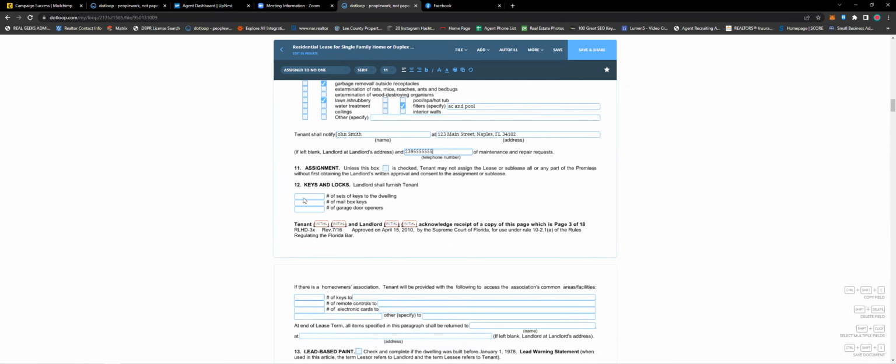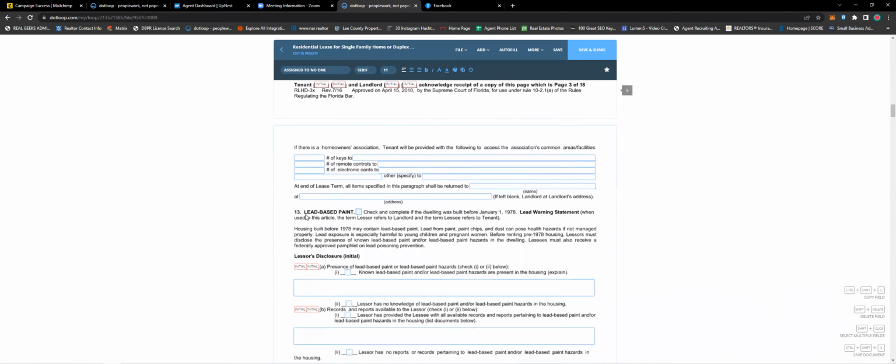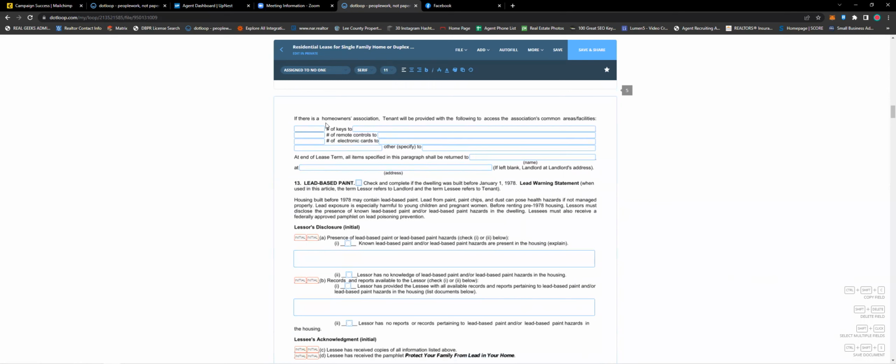Keys and locks, you put the number of sets of keys in the dwelling, the mailbox keys or garage door openers. If there's an HOA, you would indicate the number of keys and electronic cards there are and what they go to. At the end of the lease term, all items specified in this paragraph shall be returned to, and they can return it to the landlord or they can return it to Waterfront. So you'll put whomever in that box.